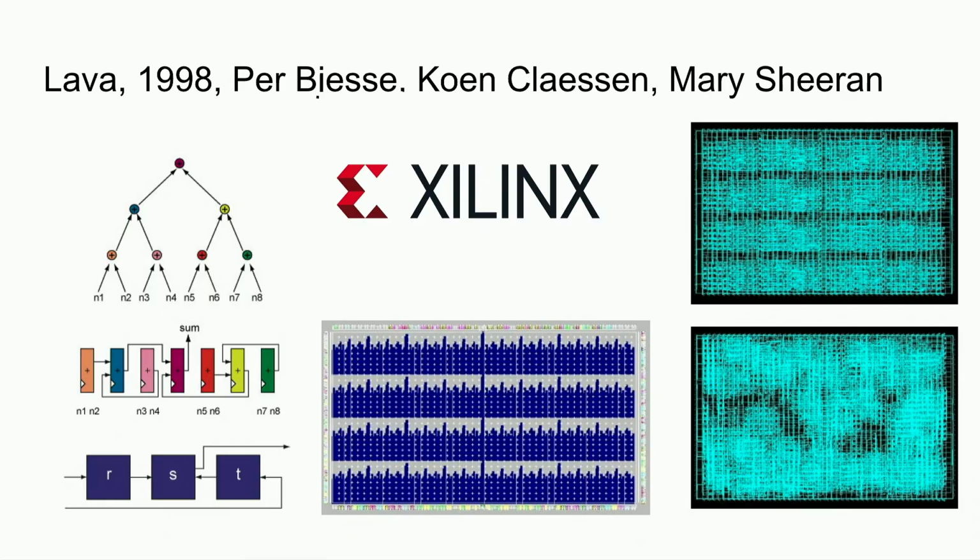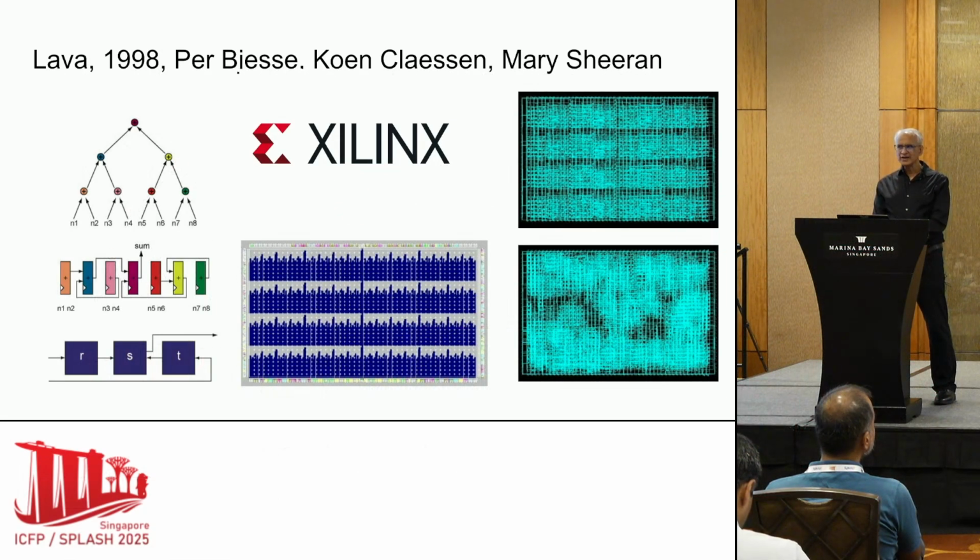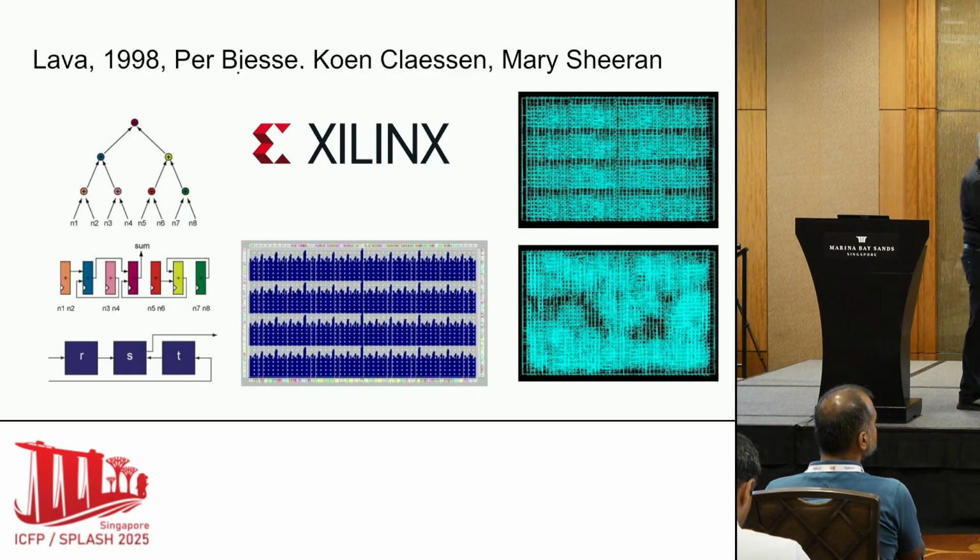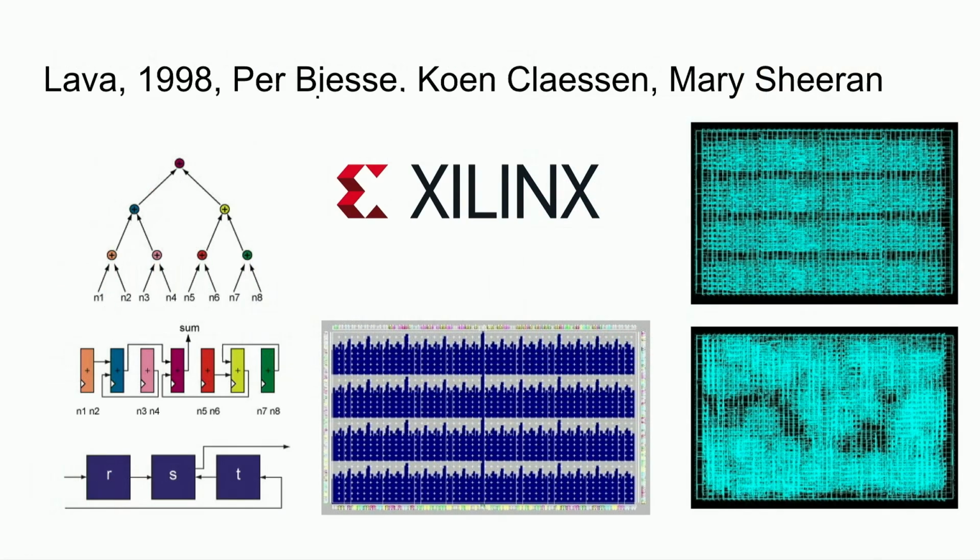A bit later, I thought Ruby was really cool, and it turned out that this kind of thinking can be used to solve real practical problems. So around about 1998, I joined this company called Xilinx that make these FPGA chips that I showed you.